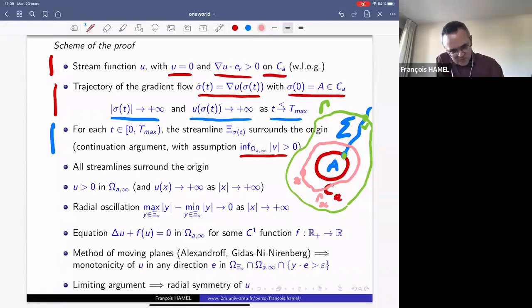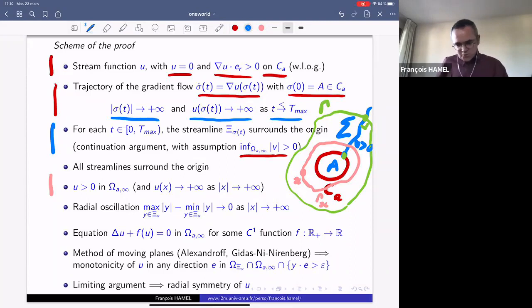And therefore it follows that U is strictly positive in the whole domain, because little u is strictly increasing along capital sigma, and therefore along capital sigma U is actually positive. U is positive, so therefore U is positive everywhere, because each streamline intersects capital sigma.